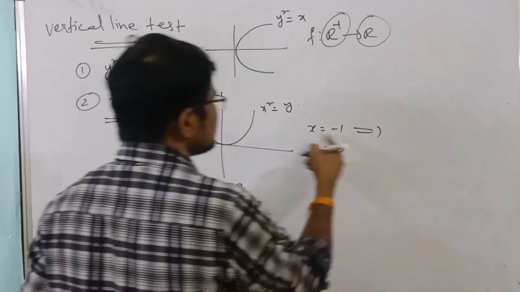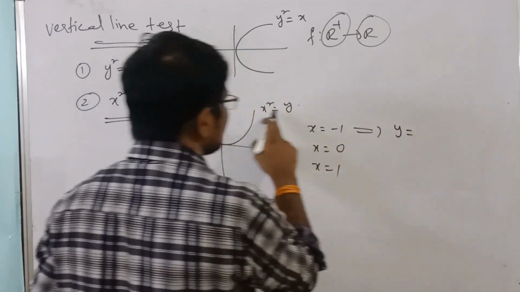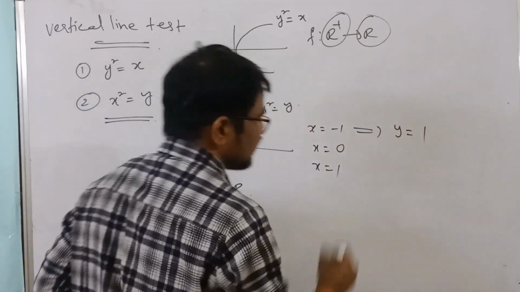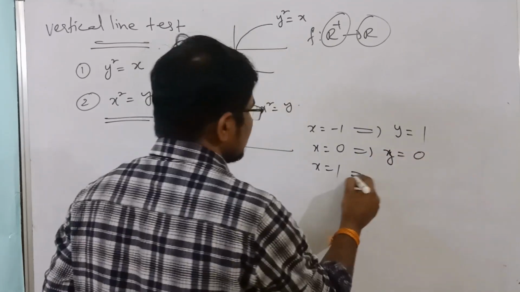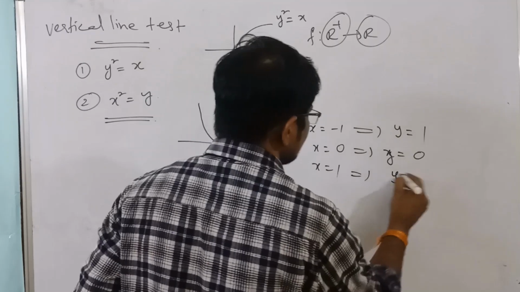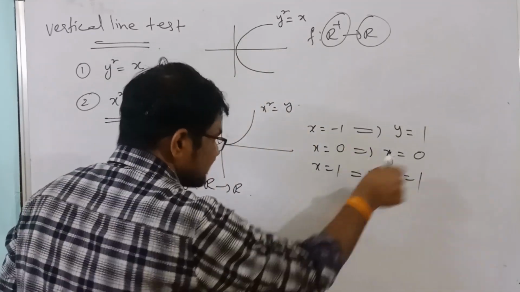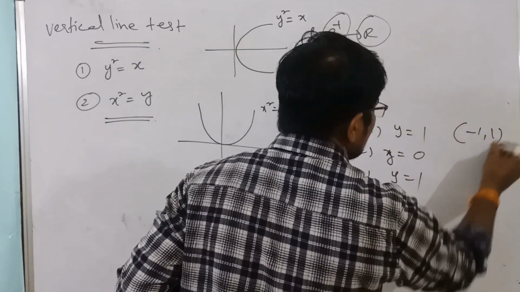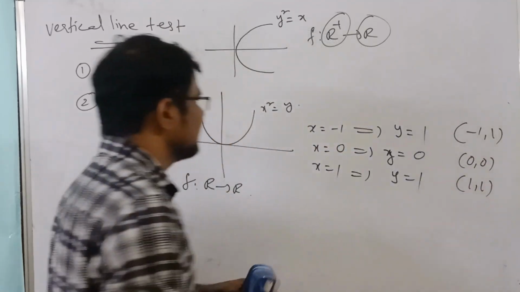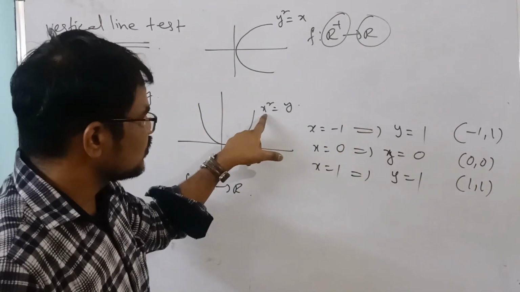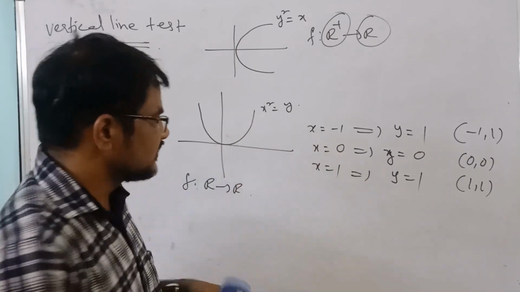If you take x equal to -1, y equal to 1, and x equal to 0, y also 0. If x equal to 1, y is also 1. Now these points: -1 comma 1, 0 comma 0, 1 comma 1. Check once again.